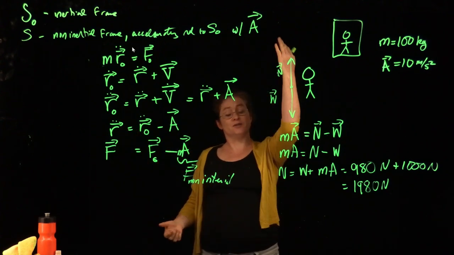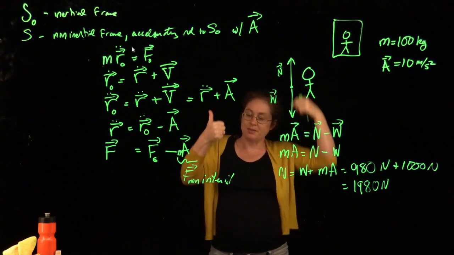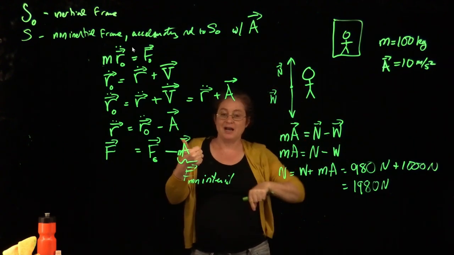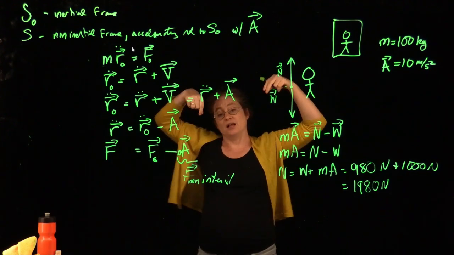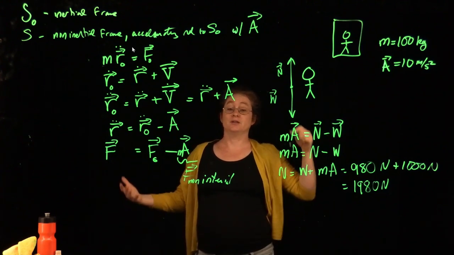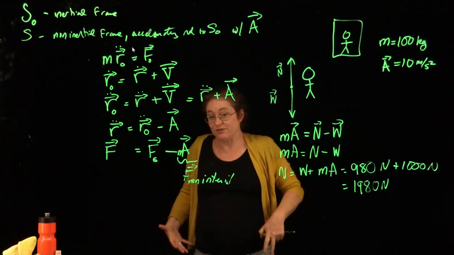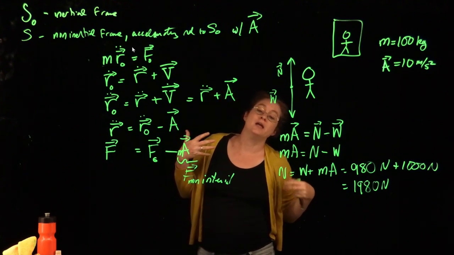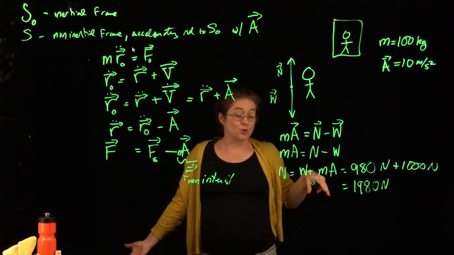If the elevator is going up, it takes extra force to get you up, so your weight will be higher because the normal force has to compensate. If the elevator is going down, you're partially falling, if you want to think about it like that. So what the scale reads will be lower.